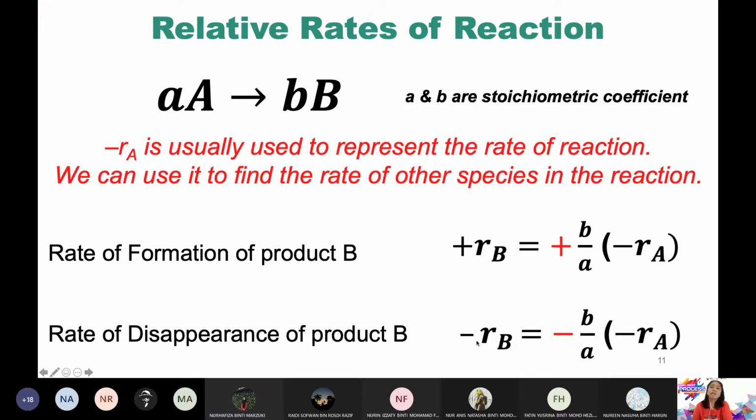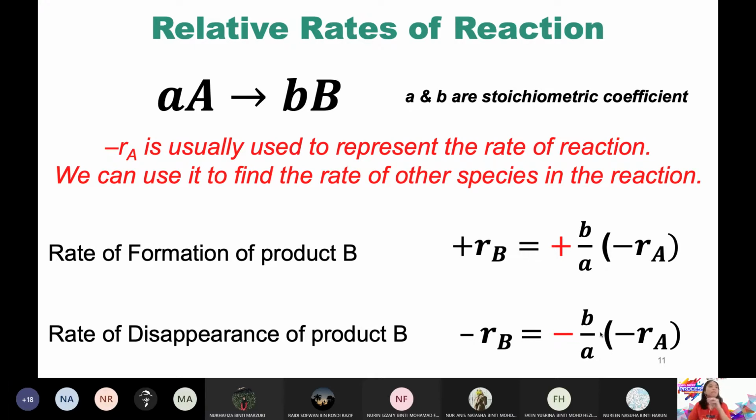Okay. Let's say kamu nak kira rate of disappearance of B. Okay, so rate of disappearance of B, negative RB. Okay, R rate, negative disappear, B is for compound B. So negative RB sama dengan, first of all kamu kena check dulu nombor tu positif atau negatif. Kamu kena letak betul sign yang betul.